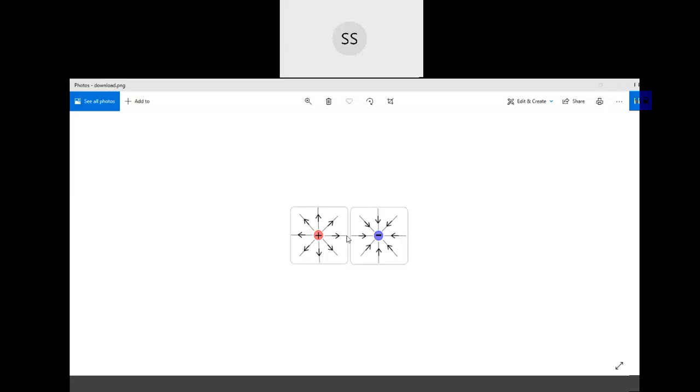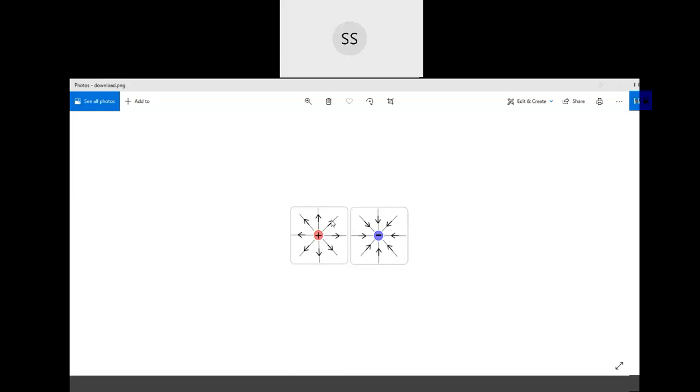Okay, see in this picture, it is an electric field for a positive charge and it is an electric field for negative charge. So these lines are taken. These lines are actually called electric field lines. We can see as we go away from the source charge, the lines are going away from each other, right?